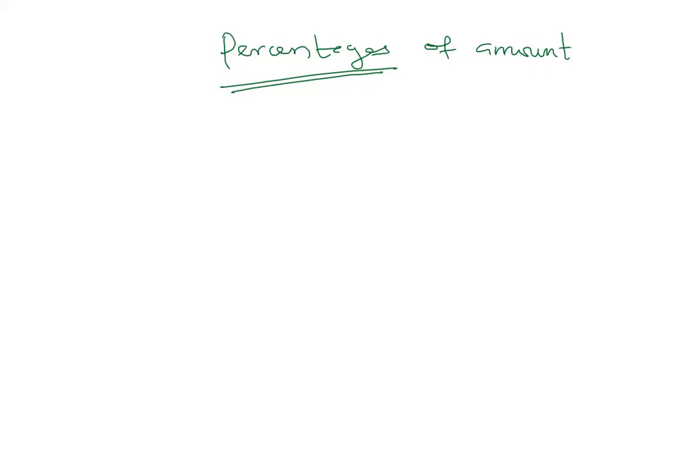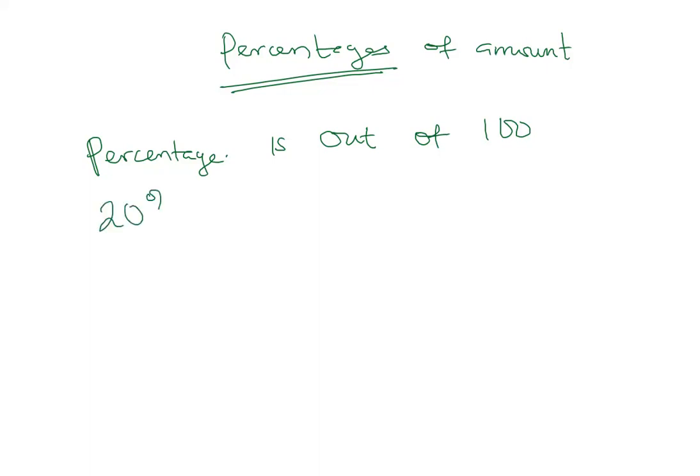When you want to work out this one, a percentage is out of what? Out of 100. So for example, if you say 20%, it means 20 out of 100.